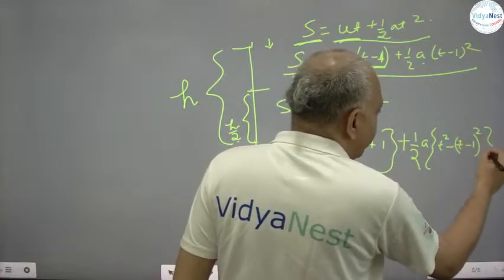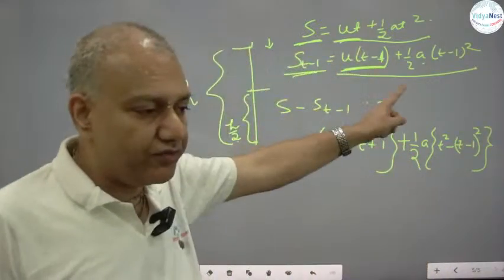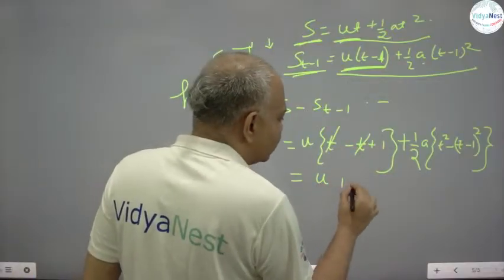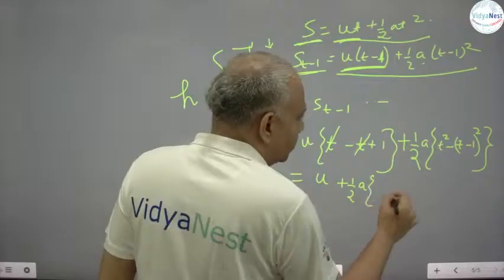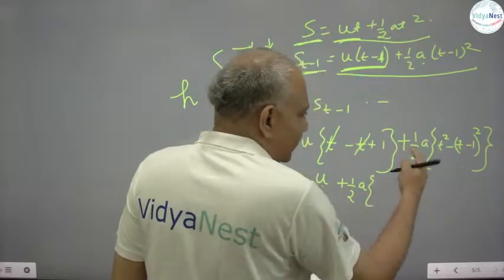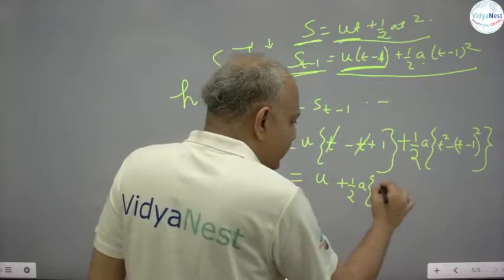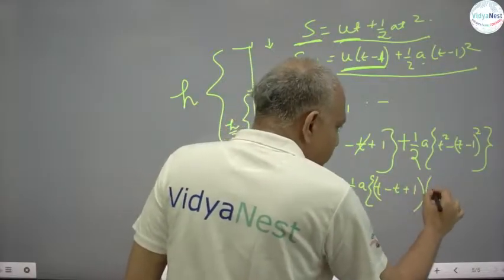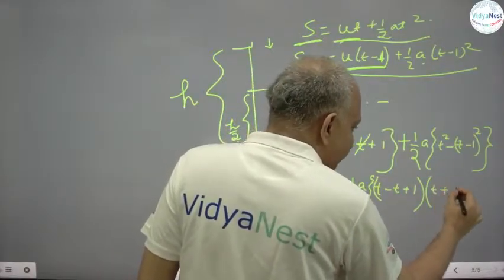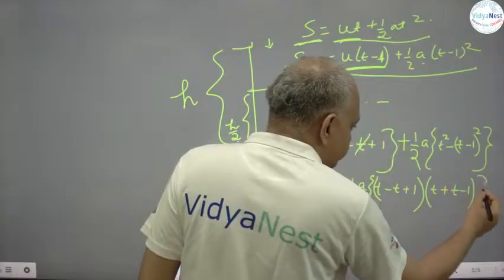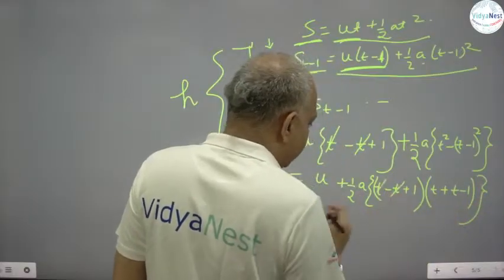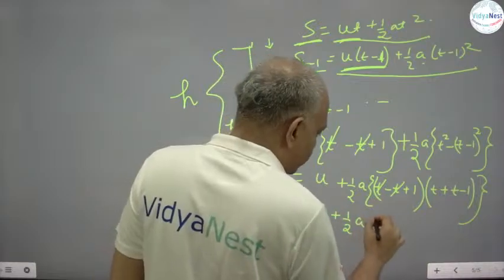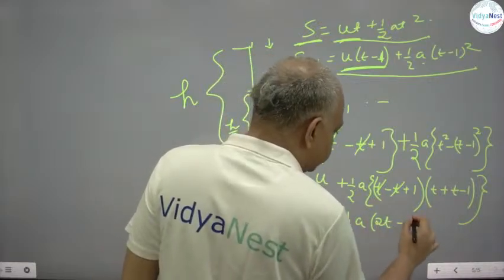Children, understanding my point? Still, if you have confusion, you ask me. So this t cancelling out, I'm going to have u plus half a into t square minus (t minus 1) square. a square minus b square, I can have the formula: (t minus (t minus 1)) times (t plus (t minus 1)). This t cancelling out. u plus half a into (2t minus 1).